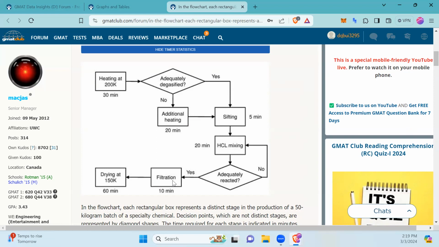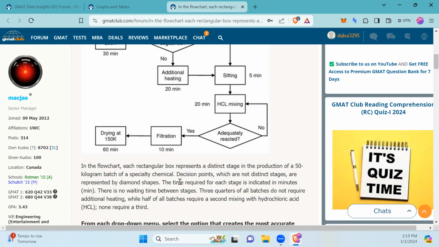Okay, so that sounds like the process for that chemical processing situation. So we have some idea, and our interpretation is close to what they're giving us.